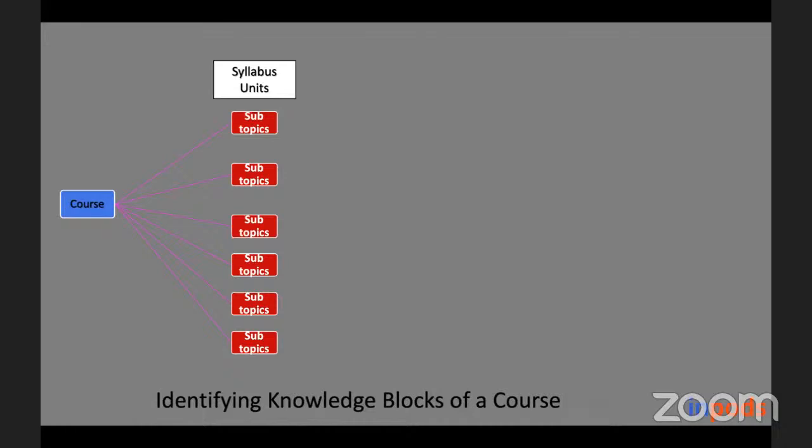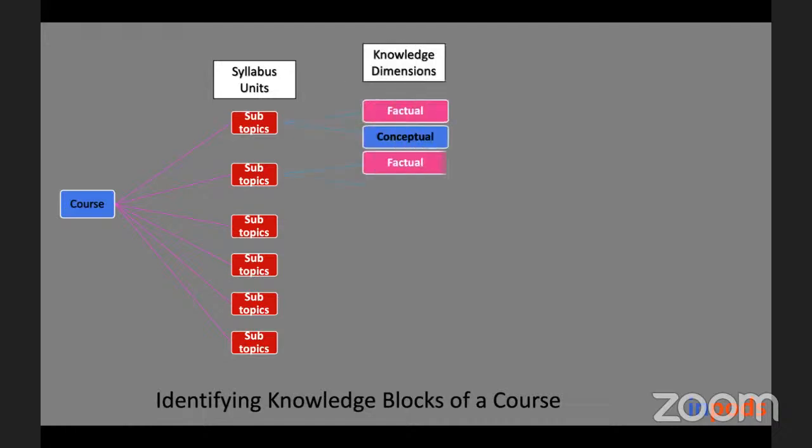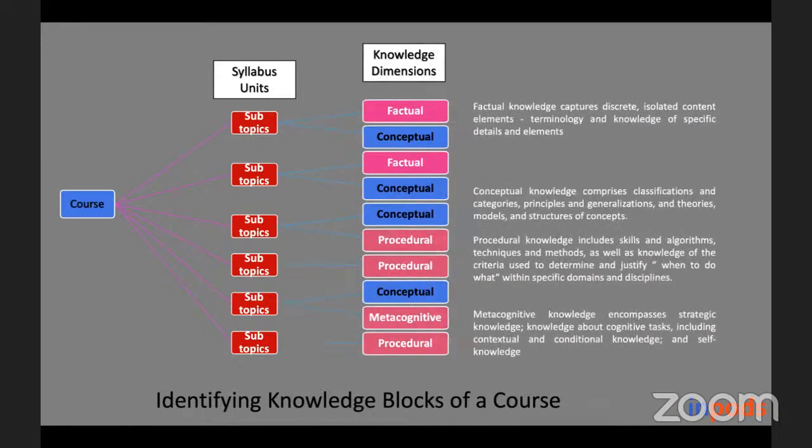Pick any one of the units, open it, and start visualizing the subtopics that you cover, and start relating these subtopics with the knowledge dimensions. It's a very easy exercise. On the right side, I have also given you the description of the knowledge dimensions, and you can use this description to clearly map these subtopics of your units.